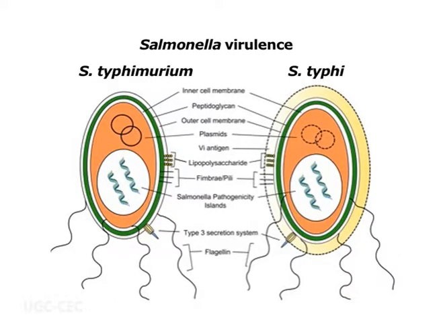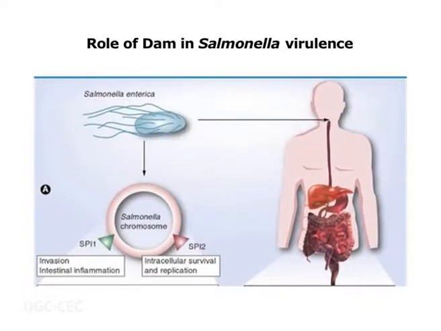Let us just see in a glimpse how DAM methylation can also help in regulating virulence. This is an example of Salmonella species. In Salmonella species, it has been found that when DAM is absent, such as in DAM mutant Salmonella, there is a change in its virulence properties.